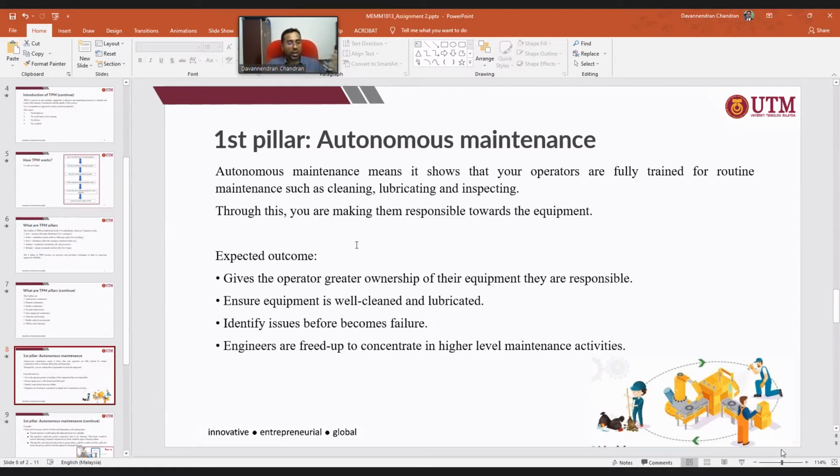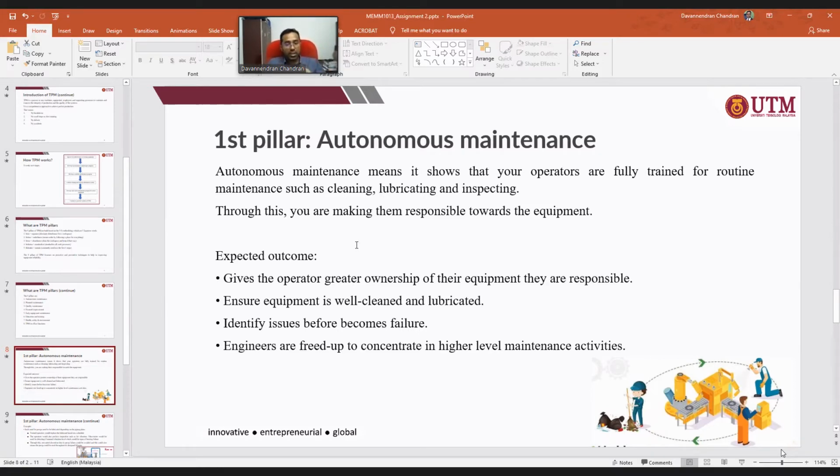So what are the expected outcomes when you apply the first pillar? This gives the operator greater ownership of their equipment. They are responsible. Secondly, it ensures the equipment is well cleaned and lubricated, because the operators are taking ownership, so they will make sure it is well cleaned and lubricated.